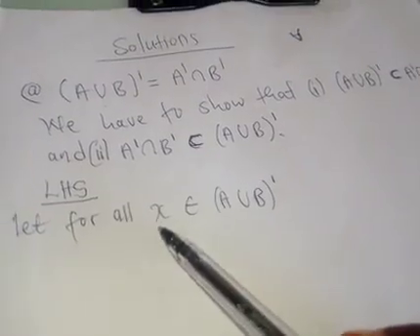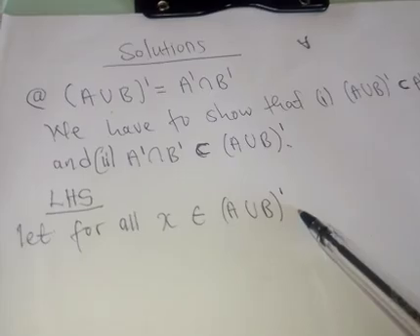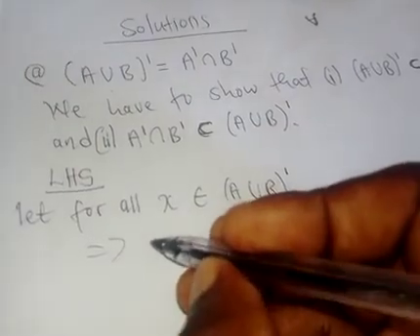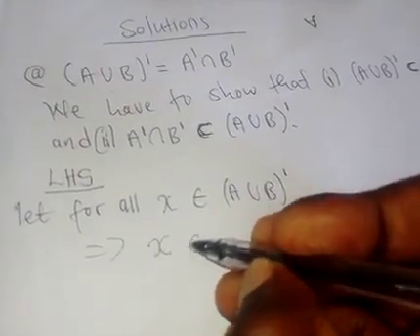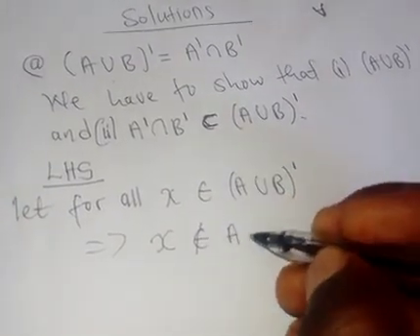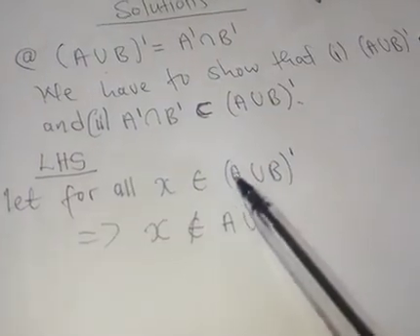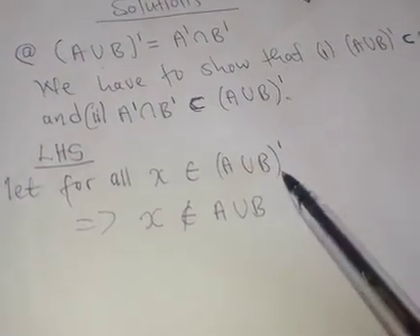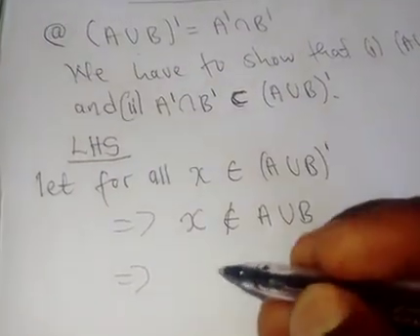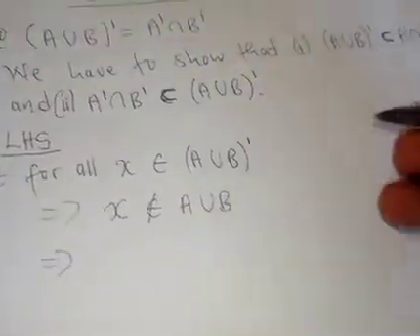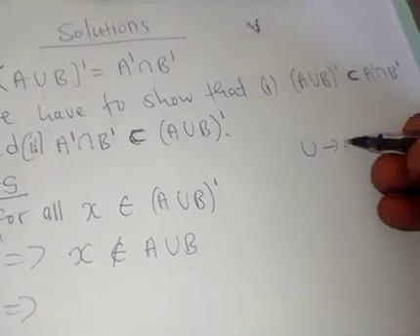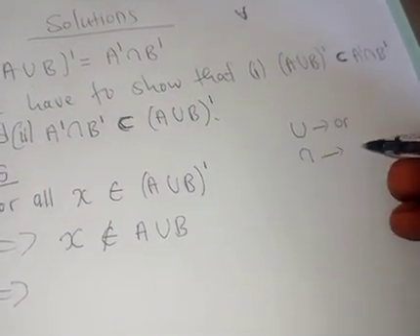Then if x is a member of (A union B) complement, what does this mean? This implies that x is not a member of A union B, since it's outside A union B. What you should know is that for a union set we use "or", and for an intersection set we use "and".